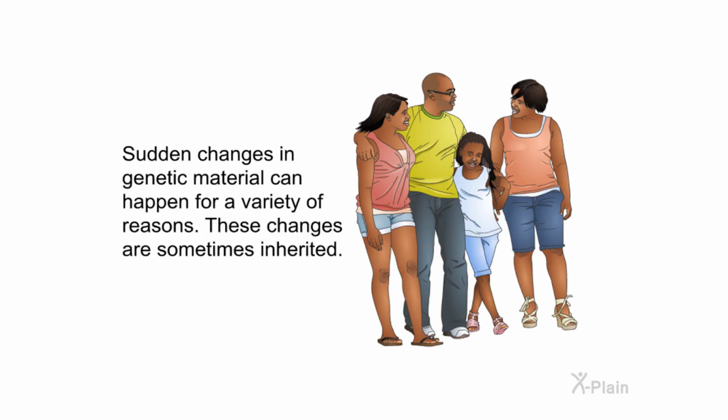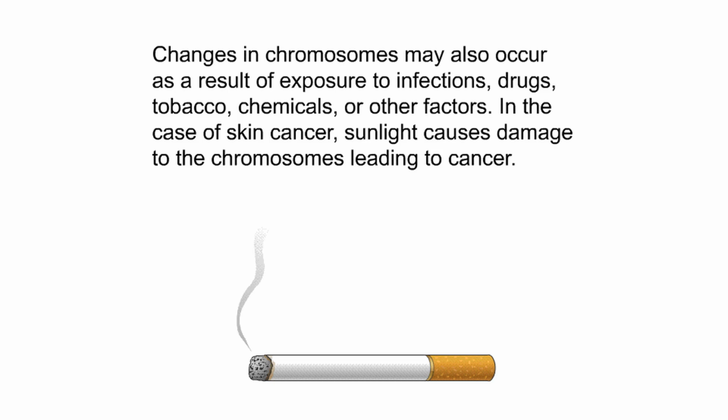Sudden changes in genetic material can happen for a variety of reasons. These changes are sometimes inherited. Changes in chromosomes may also occur as a result of exposure to infections, drugs, tobacco, chemicals, or other factors. In the case of skin cancer, sunlight causes damage to the chromosomes, leading to cancer.